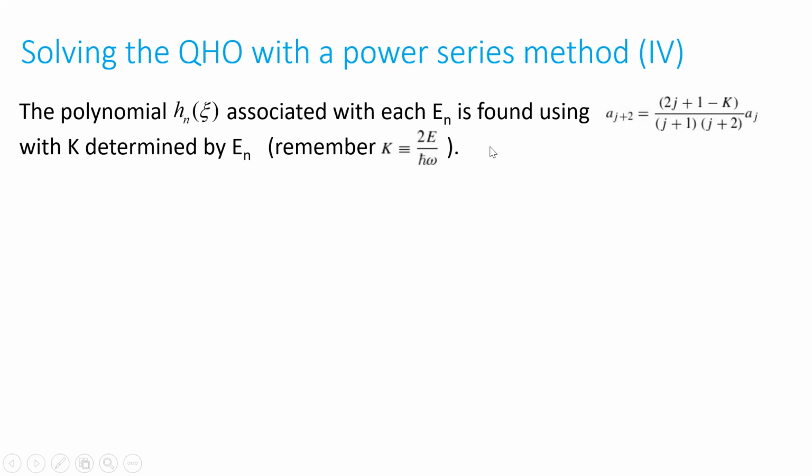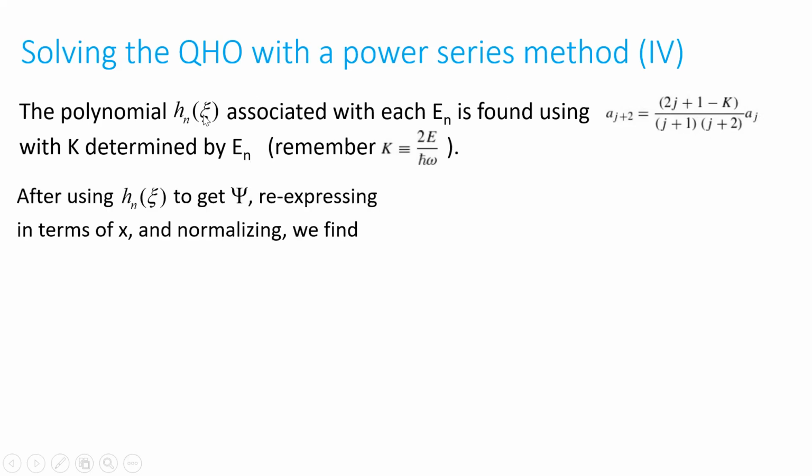So that allows us to take the energies which we have, h bar omega times (n plus 1/2), find these values of K, and use this formula to figure out the coefficients and find the polynomials.